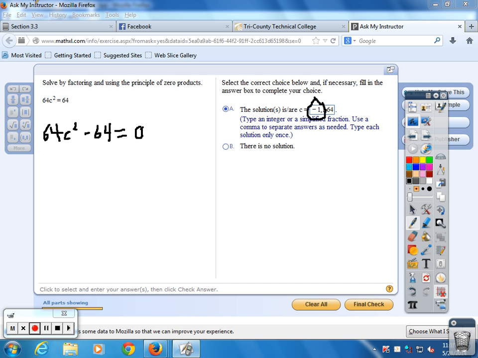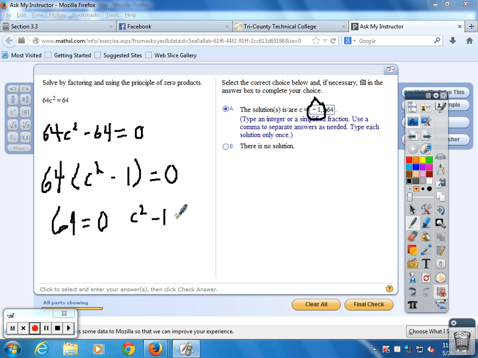So you factor that out, and then you're left with c squared minus 1 is equal to 0. And then you're going to set 64 equal to 0 and c squared minus 1 equal to 0.